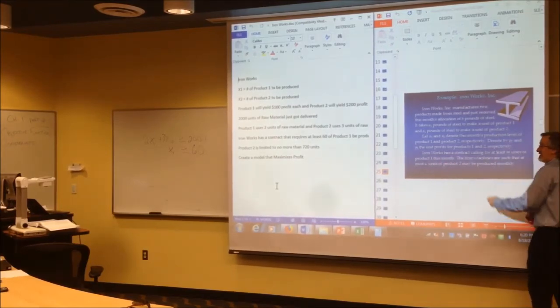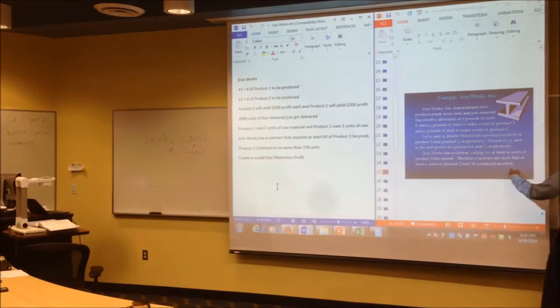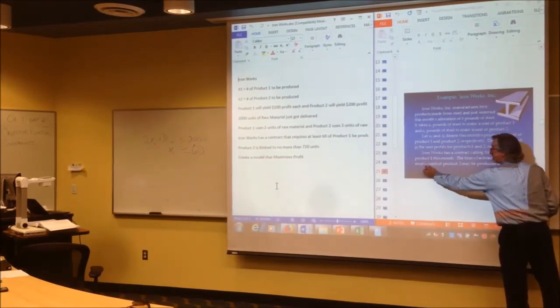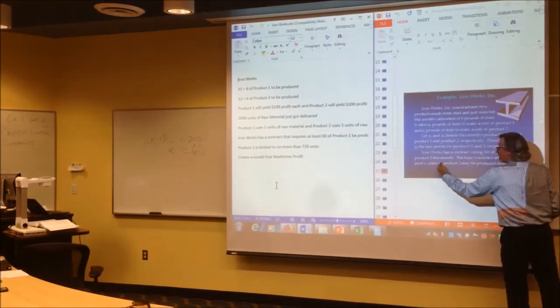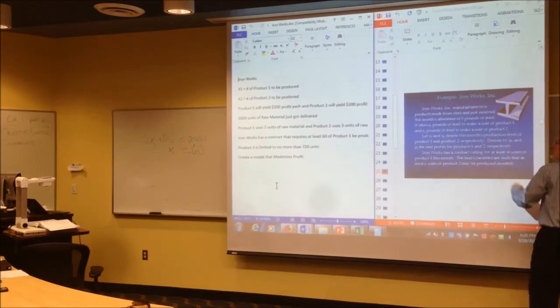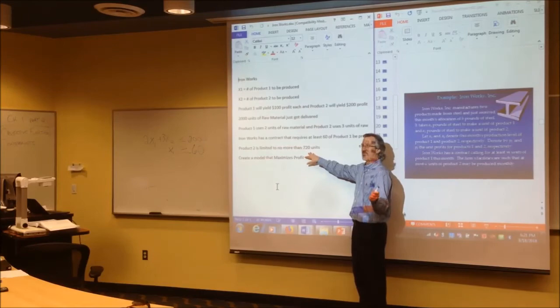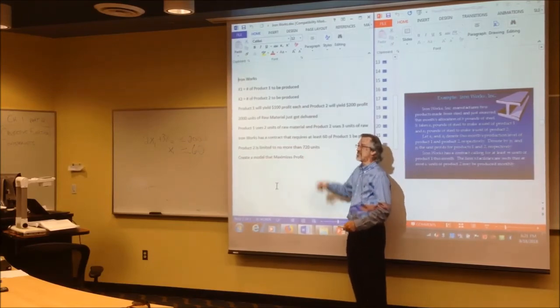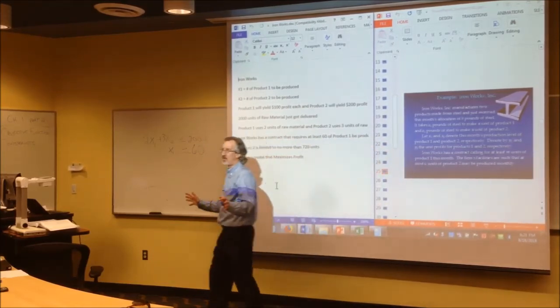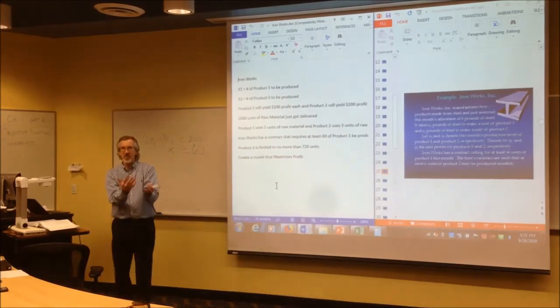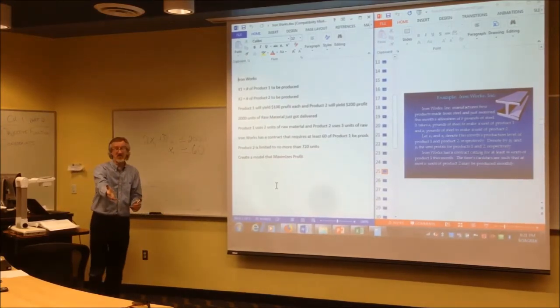There it is. The firm's facility is such that the most units of product 2 that may be produced monthly is 720. There's a limitation. If we ran that machine all month making product 2, the most we can make is 720 for the month. So no matter what combination we're making, we cannot make more than 720 of product 2.